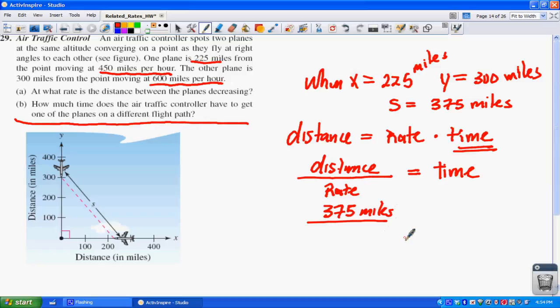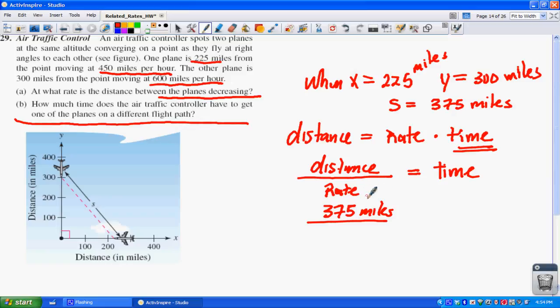And then, what's the rate or the speed at that point in time? Well, we just figured it out from part A. So that's the good news, we don't have to do any more calculations. Notice that the final answer there was negative 750, but when we're dealing with the rate here, we want the absolute value, the speed of the plane.